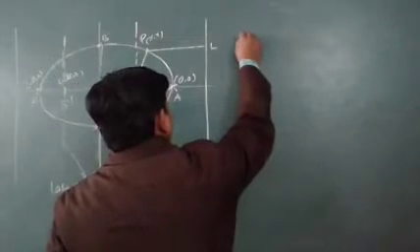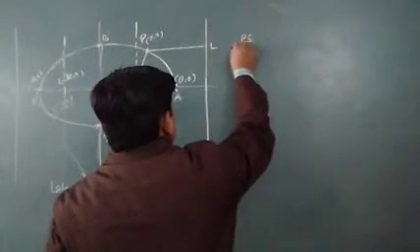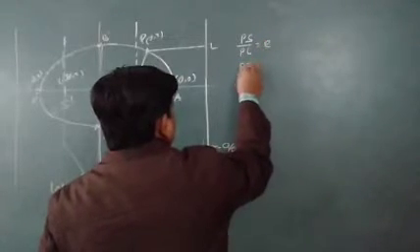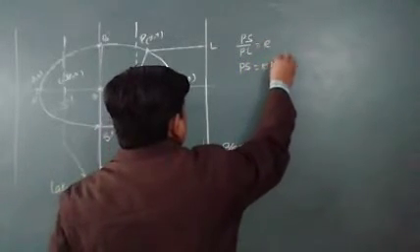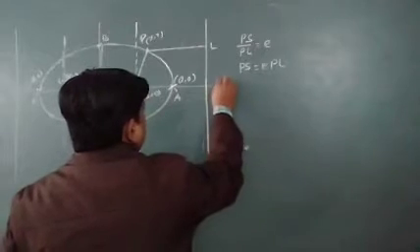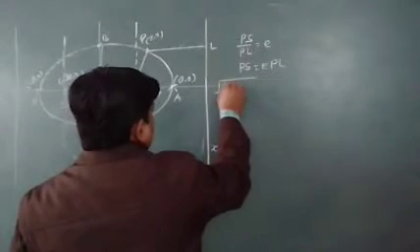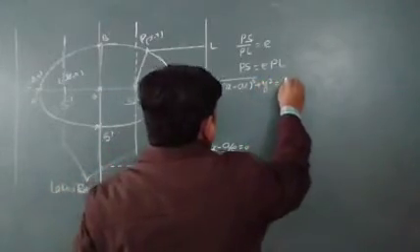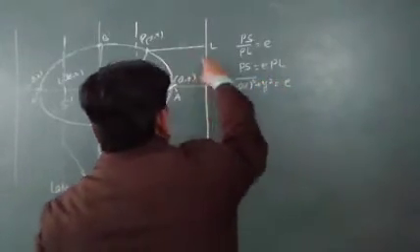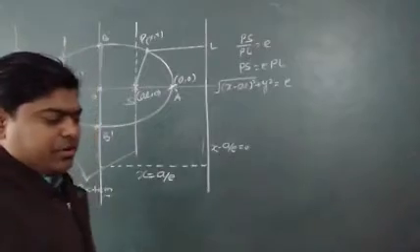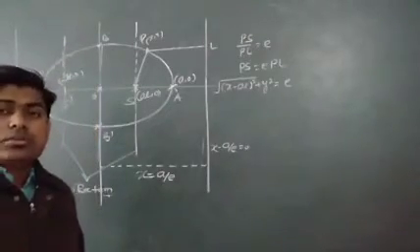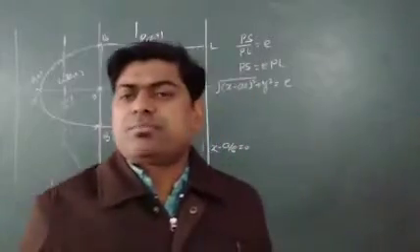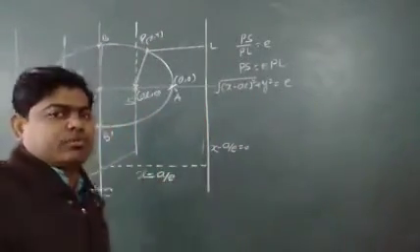As I told you, for the ellipse I can write PS/PL = e, or PS = e·PL, and PS can be written as the square root of (x - a)² + y², and PL is again the distance between the point and the given line, that is (ax1 + by1 + c)/√(a² + b²), which we will follow.